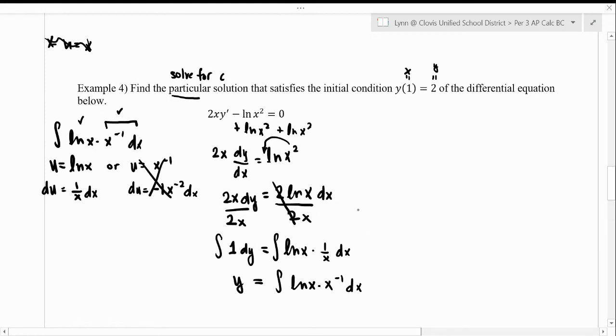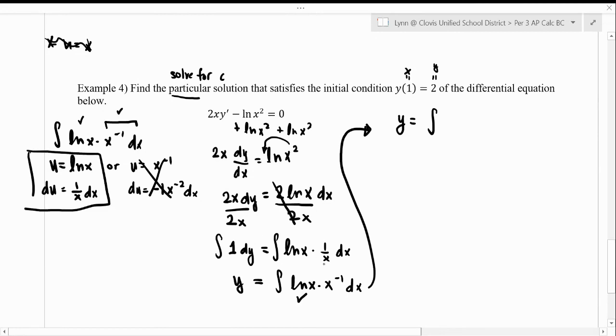Okay? All right, so let's go ahead and work this out. So again, my left side, I have y equals, and then I'm going to do my substitution. And I'm going to use this over here for my substitution. So ln of x here is going to be replaced with u, and x to the negative 1 dx is the same thing as 1 over x dx, which will be replaced with du.